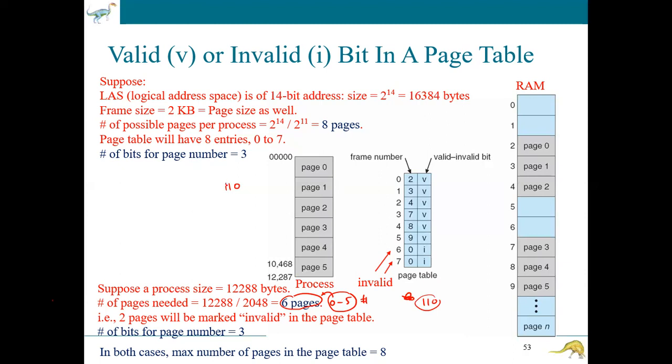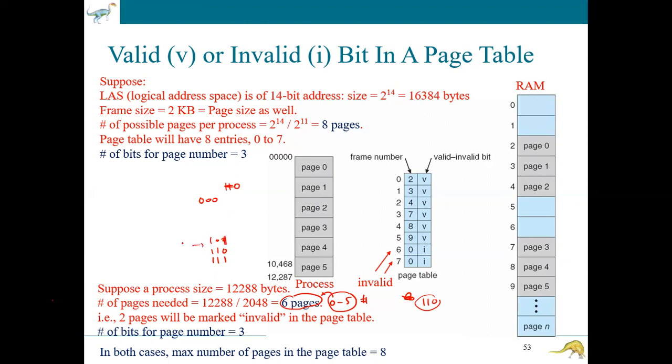So the page number bits are like 000, and 7 is 111, right? So 111 and 110, 100, 101 sorry.